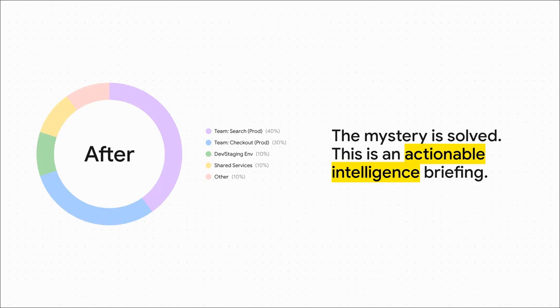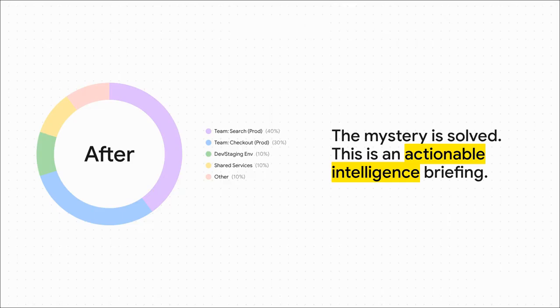And here it is. This is the after picture. Just look at this transformation. The total spend is exactly the same, but that giant uncategorized blob is completely gone. Now we can clearly see that the search team's production environment is our biggest cost driver, followed closely by the checkout team. We can even see our dev and staging costs broken out. The mystery is solved.